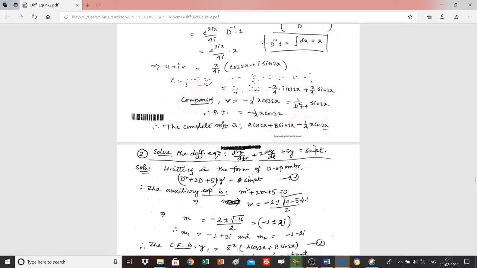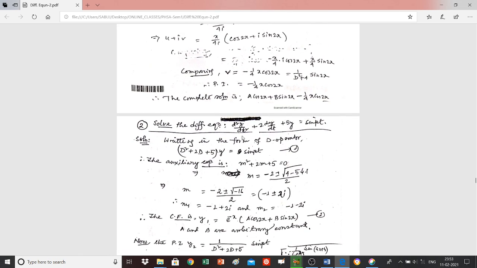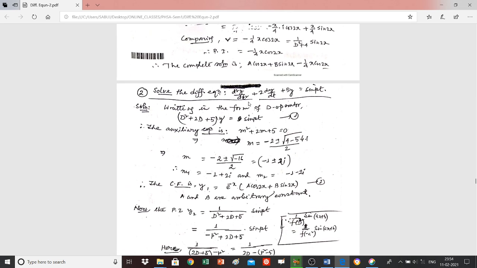Now another problem is here. Solve the differential equation d2y by dt square plus 2 dy by dt plus 5y is equal to sin bt. Writing this equation in D operator form, (D square plus 2D plus 5)y is equal to sin bt. So the auxiliary equation would be m square plus 2m plus 5 is equal to 0, and from here you can calculate the value of m as minus 2 plus minus square root of 4 minus 4 into 5 into 1, by 2.